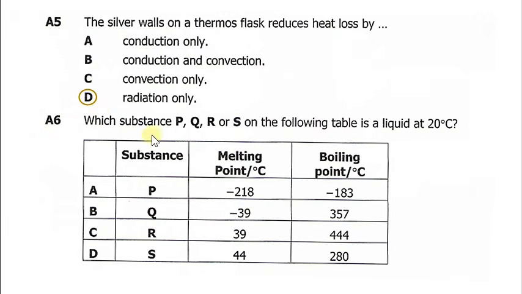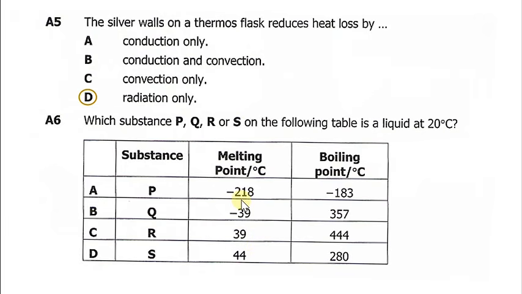Then A6 is: which substance P, Q, R, or S in the following table is a liquid at 20 degrees Celsius? Okay, so we have P, Q, R, S. Then they want us to choose the one that is going to be a liquid at 20 degrees Celsius. When we look here, we have melting points and boiling points. If substances are melting, they become liquids, right? So when they melt, they will become liquids.